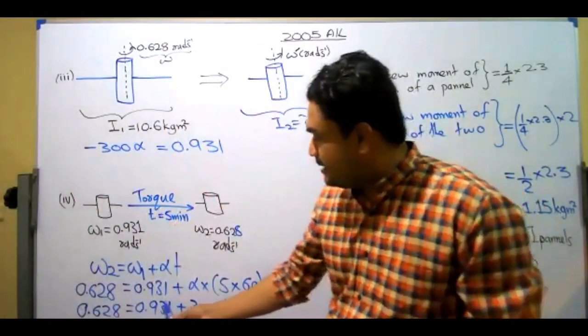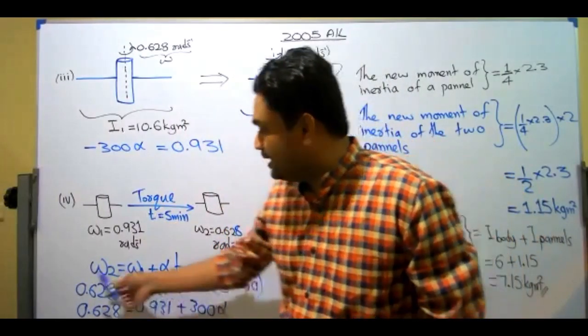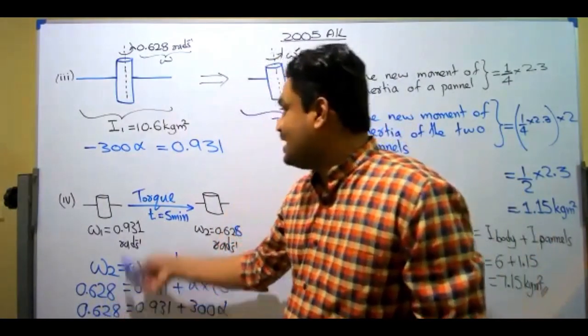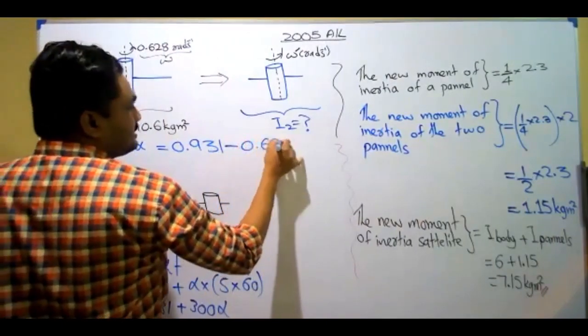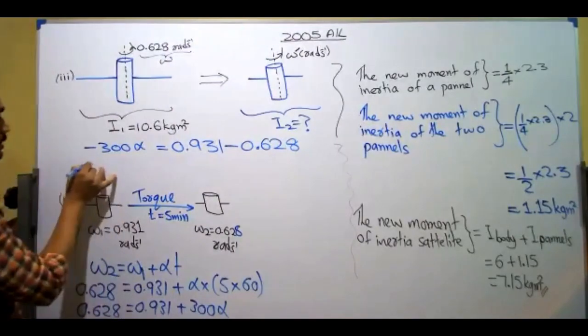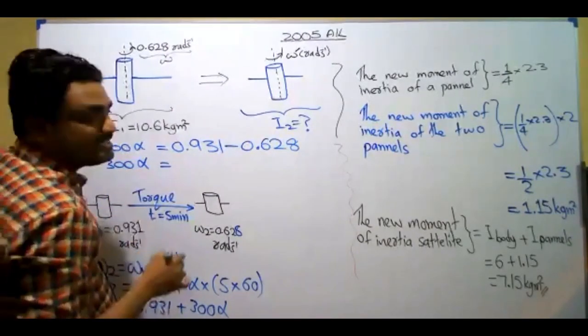I'll take this 0.628 to this side. Positive 0.628 comes to this side as minus 0.628. So 300 times alpha equals, let me subtract.